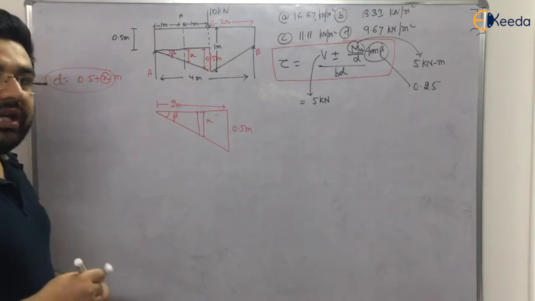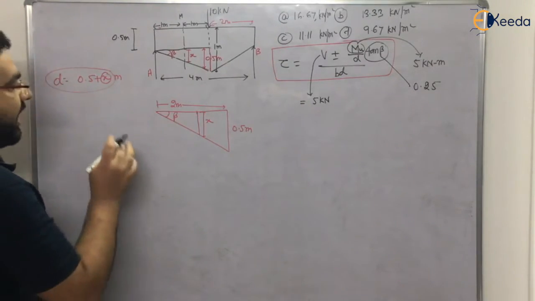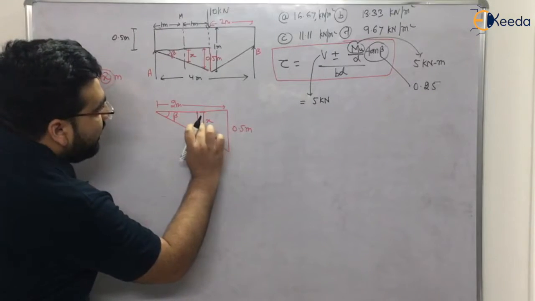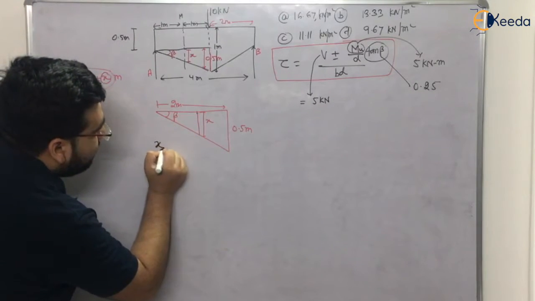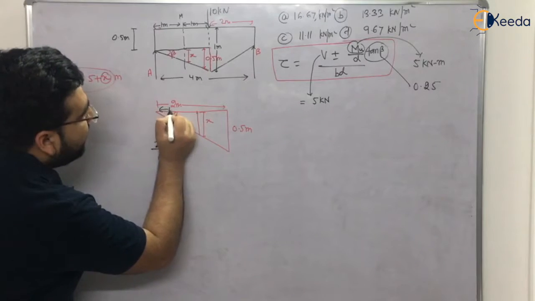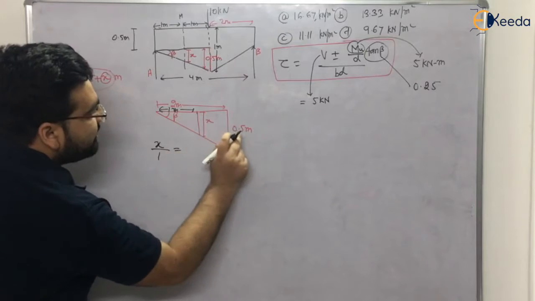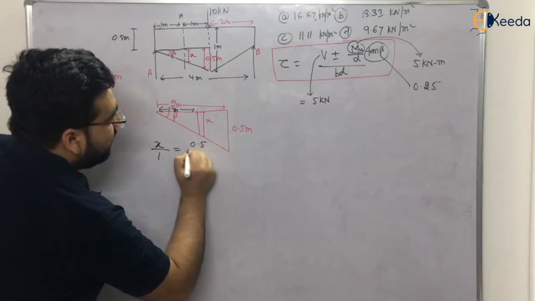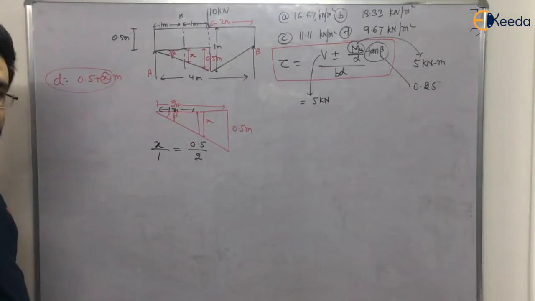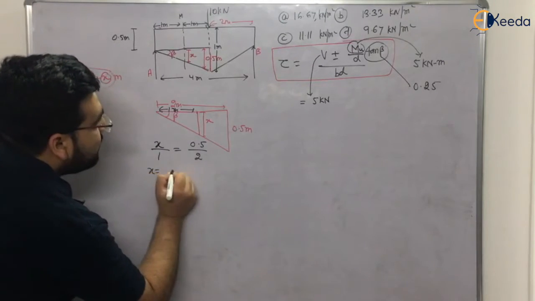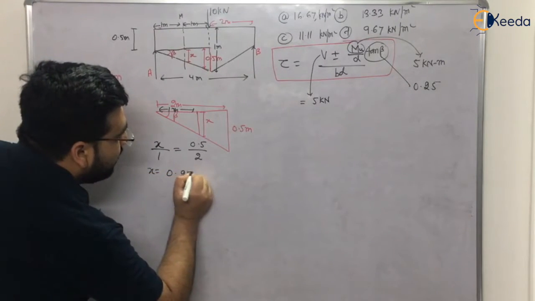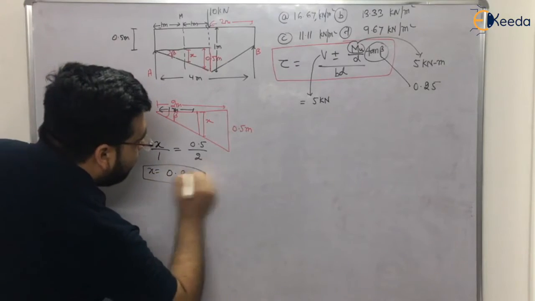From this triangle, if I apply the similarity concept, I will get x divided by 1, this is 1 meter from here to here, equal to 0.5 divided by 2. So x will be equal to 0.25 meters.